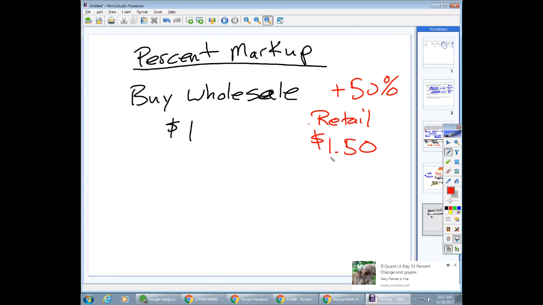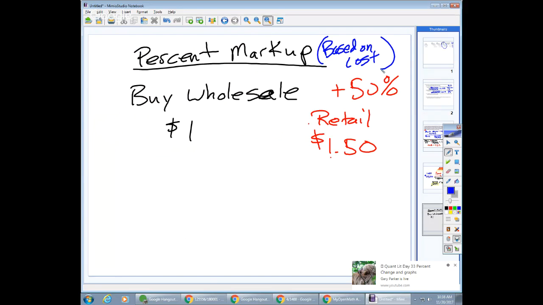Here's the original dollar I paid, plus I'm going to make 50 cents when somebody buys it. So if I'm ticketing items, I need to consider percent markup based on the wholesale cost. Okay, so that's what we have here. Percent markup based on cost.